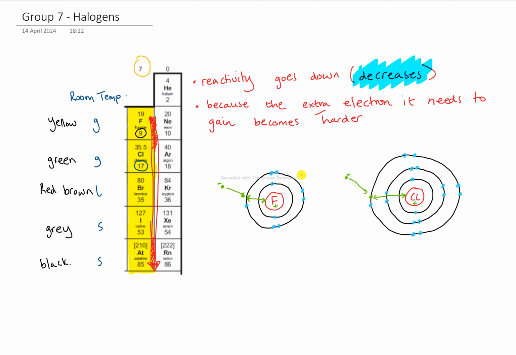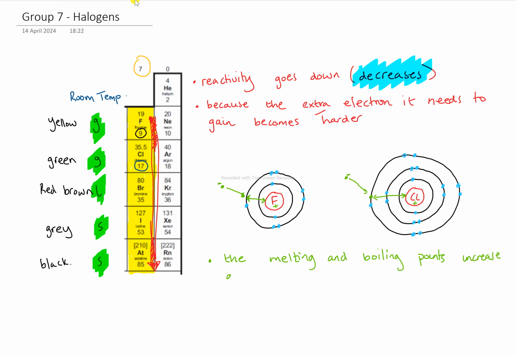And what you can also know is, what do you notice about the melting points? So we can write down here the melting and boiling points increase as you go down the group.